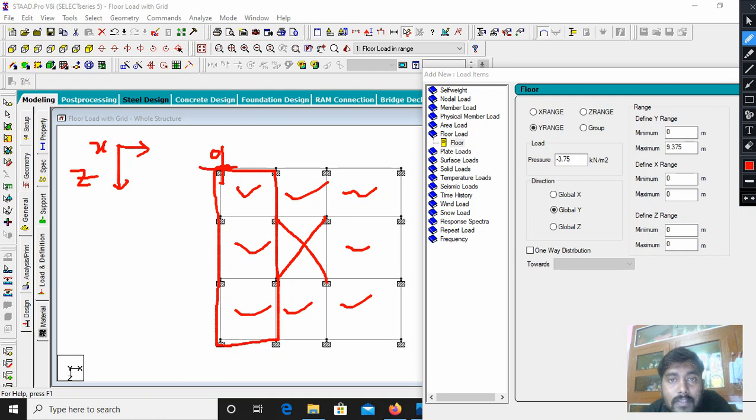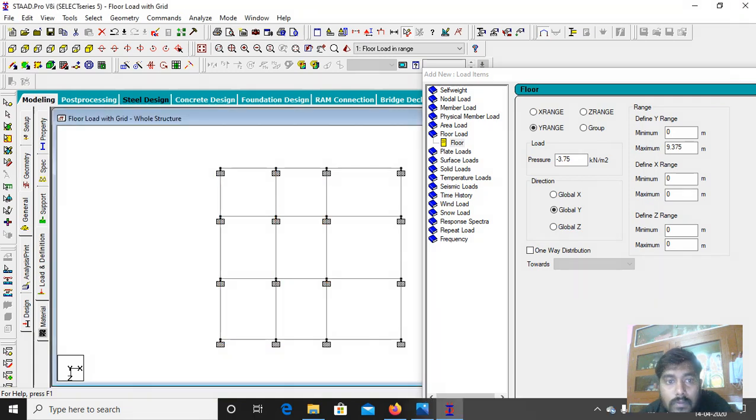Let us try the node to node distance here, from here to here. What is the node to node distance? The distance is 3.50. So in the x range, the minimum value will be 0 and the maximum value will be 3.5.